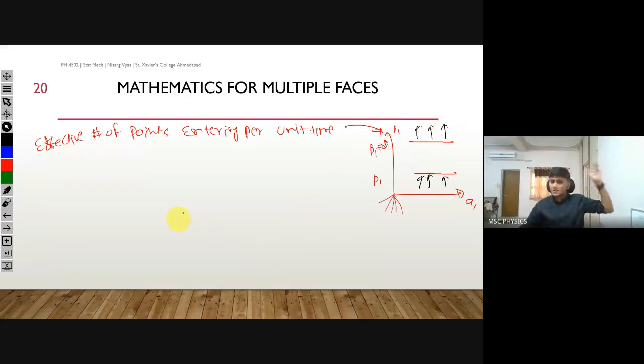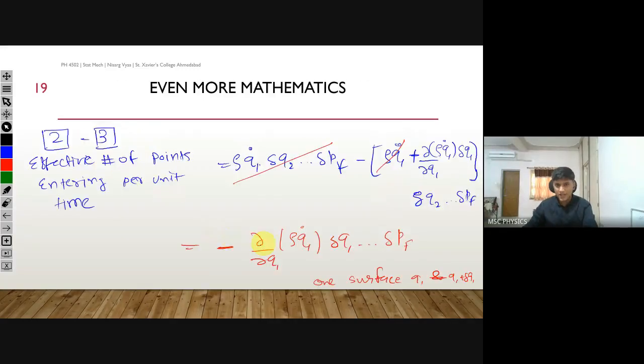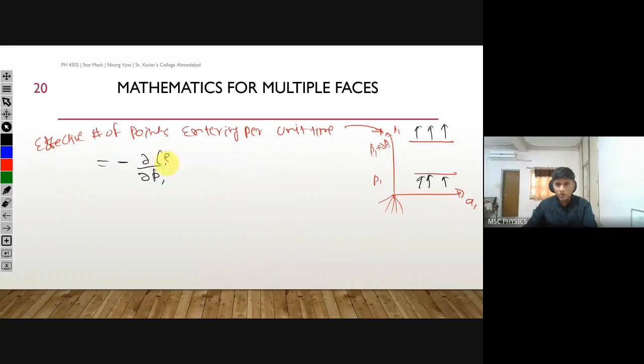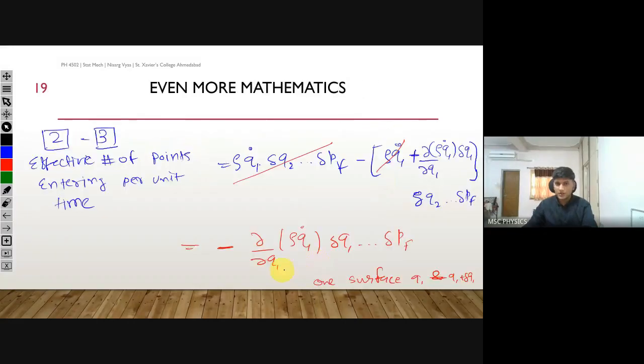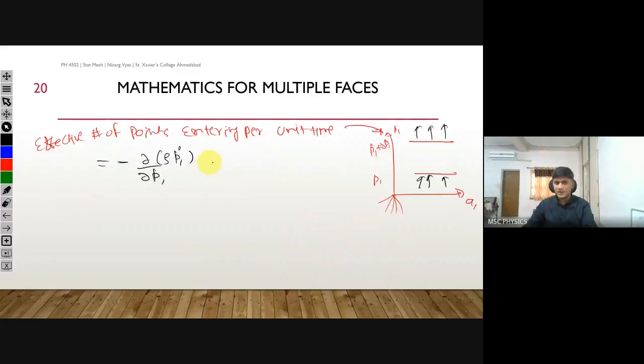If you do the same calculation as we did in the Q1 equal to constant case, the effective number of points entering per unit time will be negative of del by del P1 of rho P1 dot, because here it was Q1 dot, it will be P1 dot, and this volume will be the same, delta Q1 up to delta Pf. The effective number of points entering per unit time in this case is equal to this.